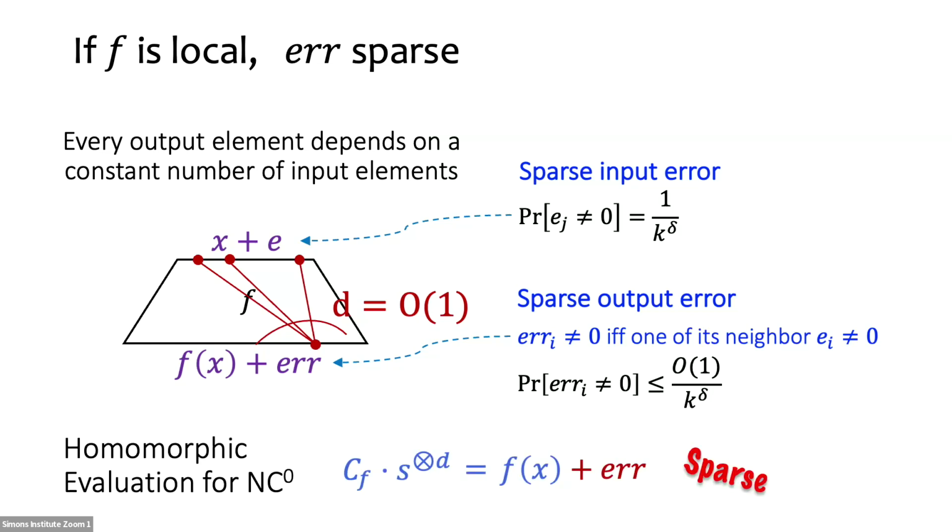Right? And therefore, we get that LPN-based encryption gives me homomorphic evaluation of NC0 functions with approximate linear decryption still, where the output is corrupted still with sparse noise.